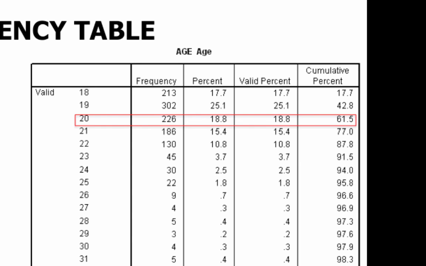See if you can identify Q1, the 25th percentile. Which age contains Q1? 19-year-olds. So 19-year-olds contain 42.8% of the population, which also includes 18-year-olds. So 18 and 19-year-olds make up 42.8.